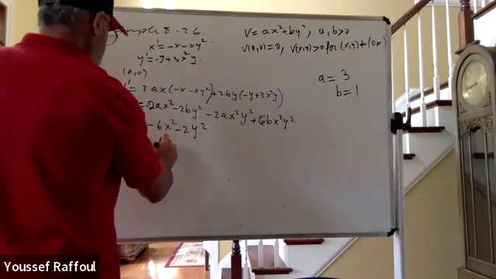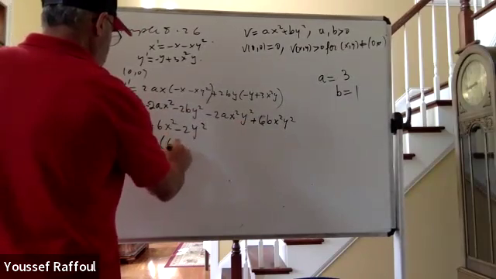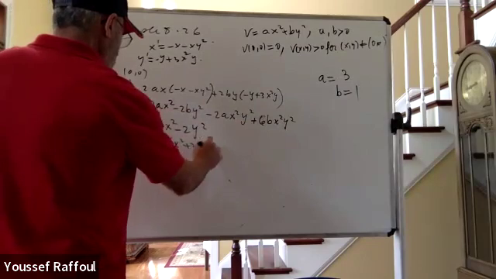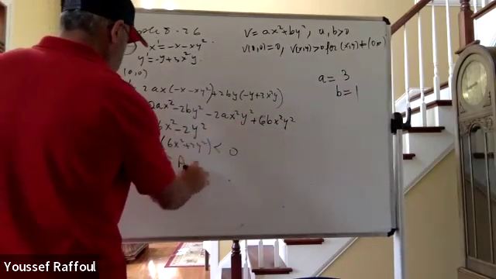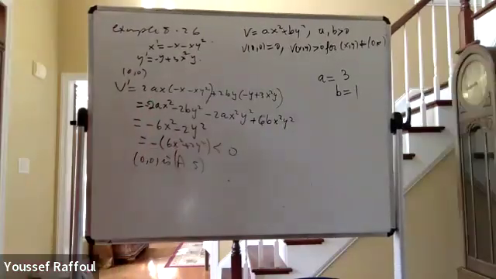That is minus (6x squared plus 2y squared), which is less than 0. And so (0,0) is asymptotically stable. Okay, so there we go.